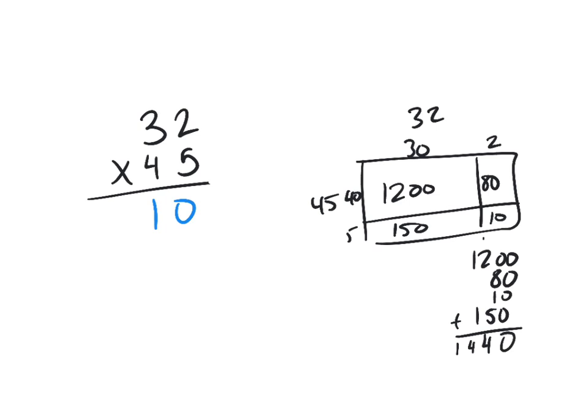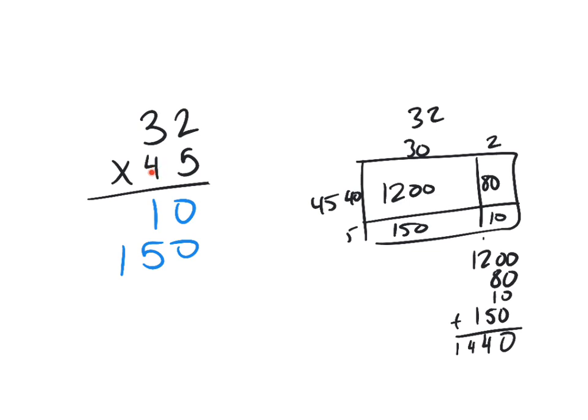Next up, we are going to do 5 times this 3. But that 3 is in the tens place. So this is really 5 times 30. So that gives me 150. So I have now multiplied the 5 by the 2 and the 5 by the 30, so I can move on to multiplying this 4 by those same numbers.